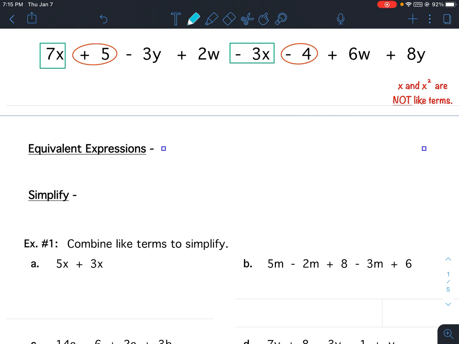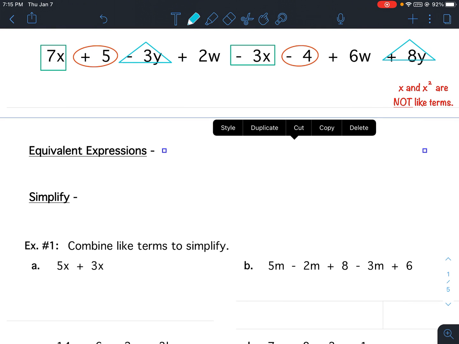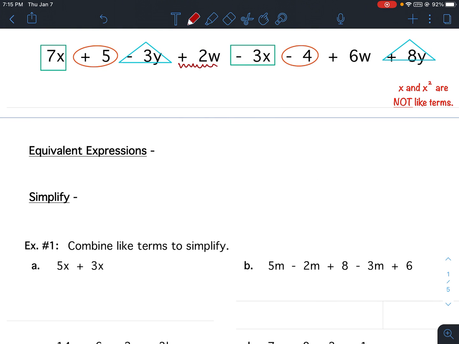All right, next I'm going to try to use triangles for the y's. I'm actually going to cheat here. And then last, I'm going to use squiggly lines under the w's.